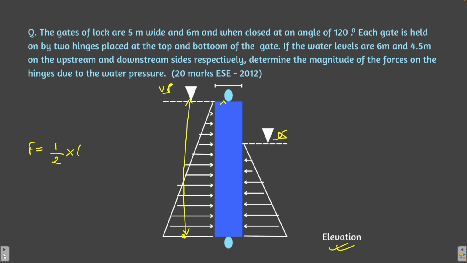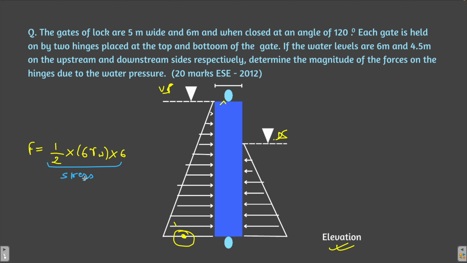The height of the column is 6 meters. So 6 into gamma w will be the stress at the bottommost point, into height again. This will give you the area of the triangle, or the total stress.